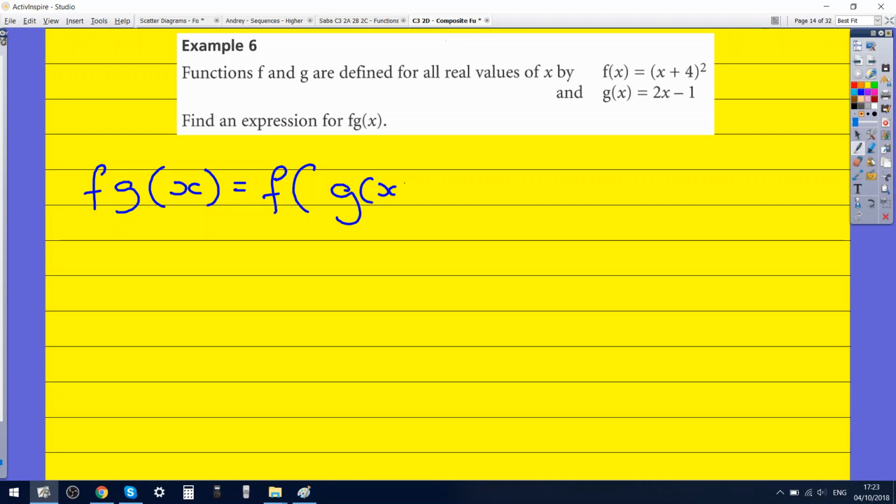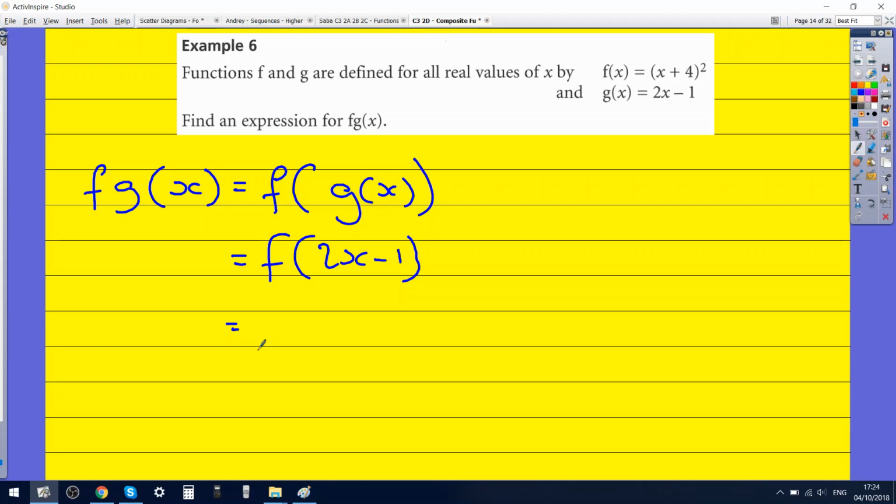And that is what you have to put into F. So you have to do the F of 2x minus 1. How would that work? Put 2x minus 1, substitute that for x.